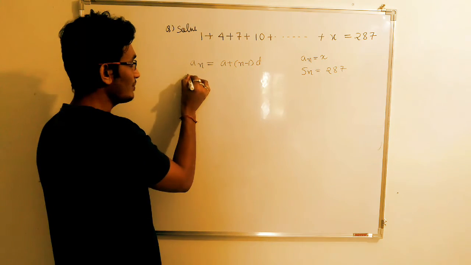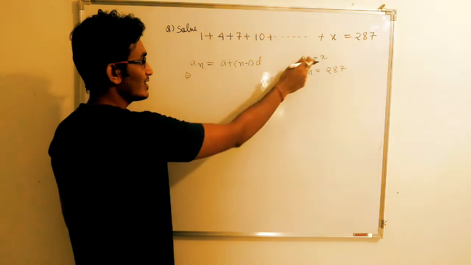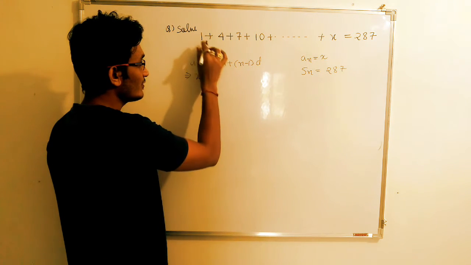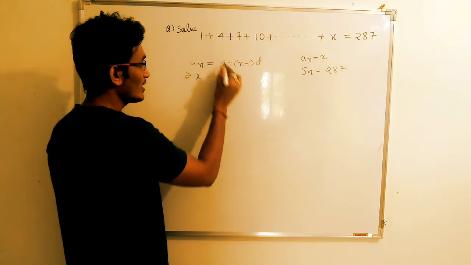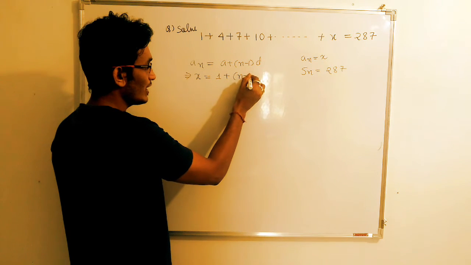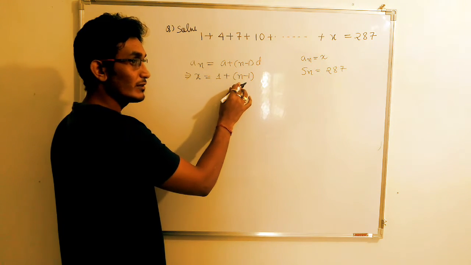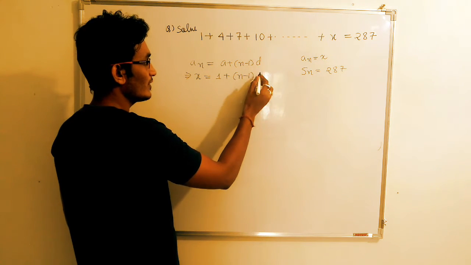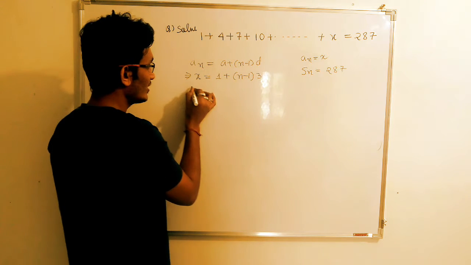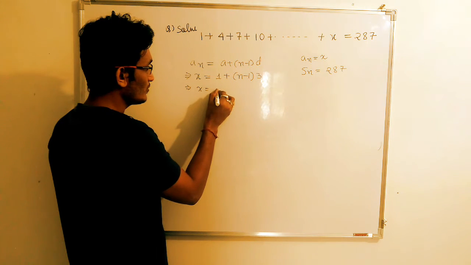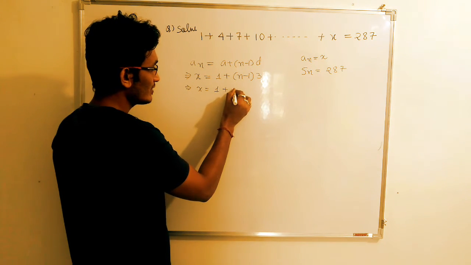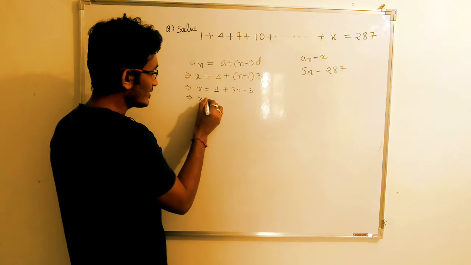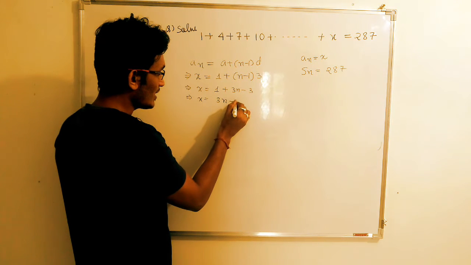Here an means x, since the last term of the AP is x. a is the first term, which is 1. n is not given, so we keep n minus 1. d is the common difference, which is 3. That means x equals 1 plus 3n minus 3. So from here x equals 3n minus 2.